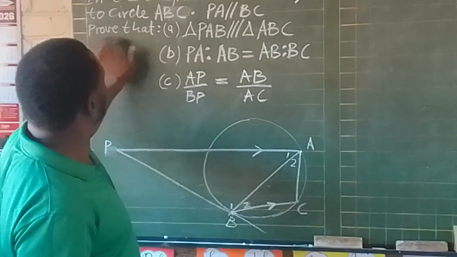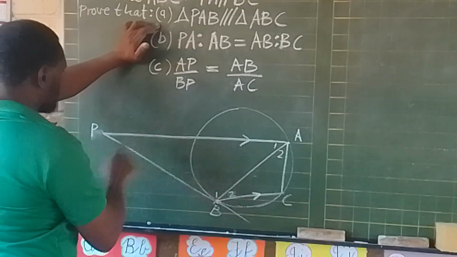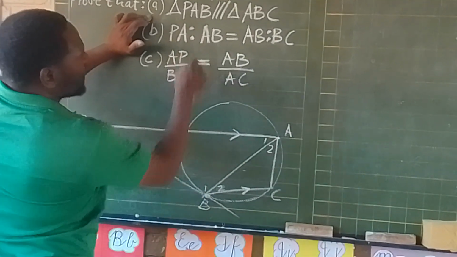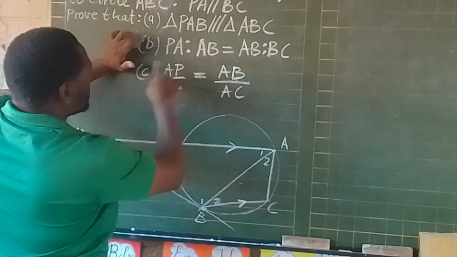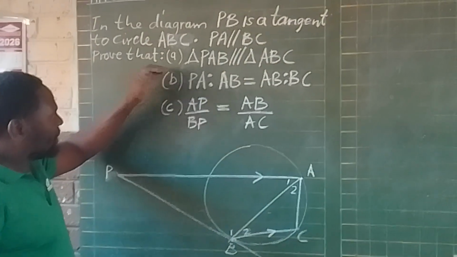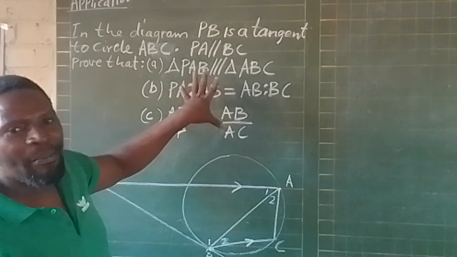You are required to prove that triangle PAB is similar to triangle ABC.